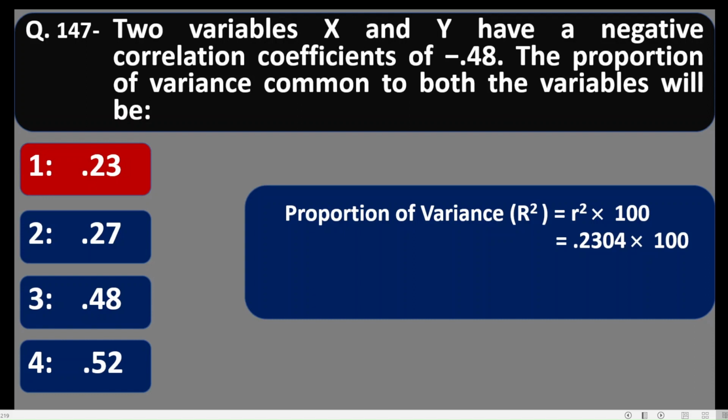And to get the proportion of variance in percentage, it is multiplied by 100. So 23.04 will be the percentage of proportion of variance. But if you want this proportion in decimal numbers, then it will be 0.23. So the correct option is 0.23. We have to remember this formula.